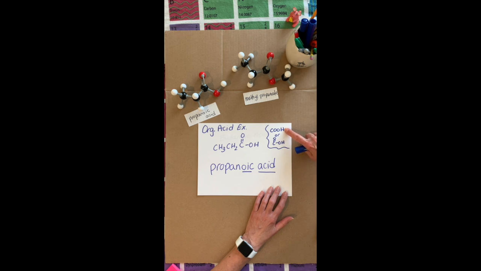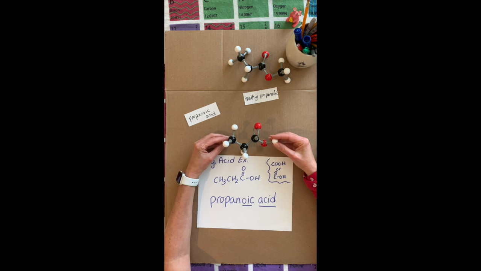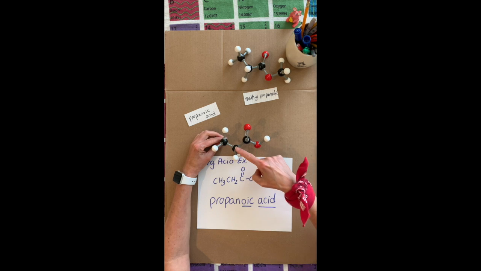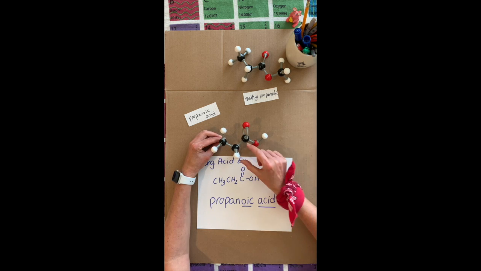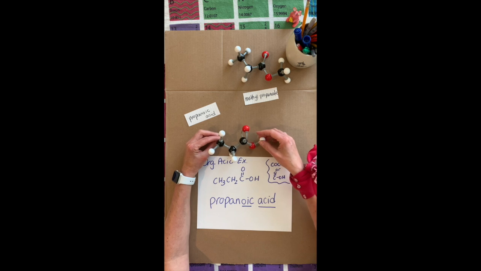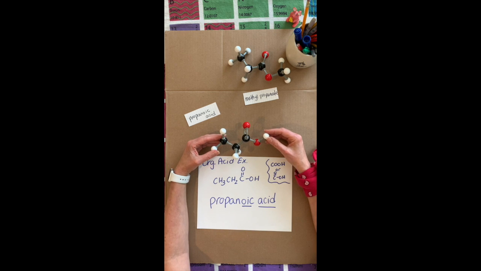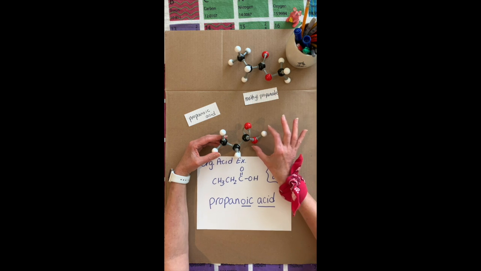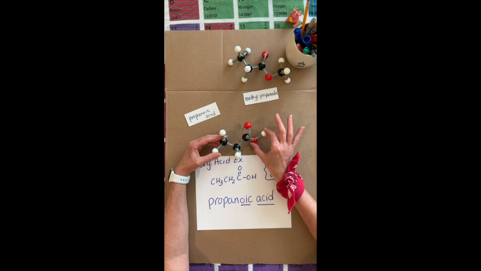That is the same representation as this, so don't let it throw you. And going back to our ball and stick model here for propanoic acid, let's take a look. Here's our 3 carbons, propane backbone. It's propanoic acid because there is the carboxyl group, a double bonded O plus an OH.